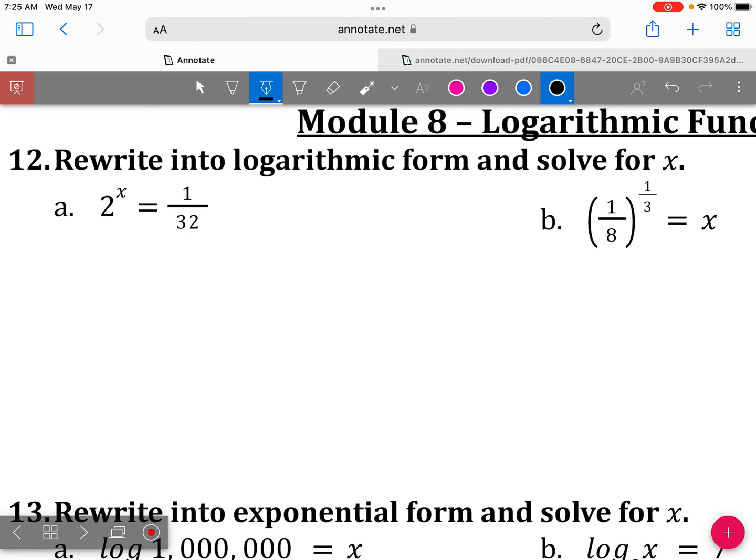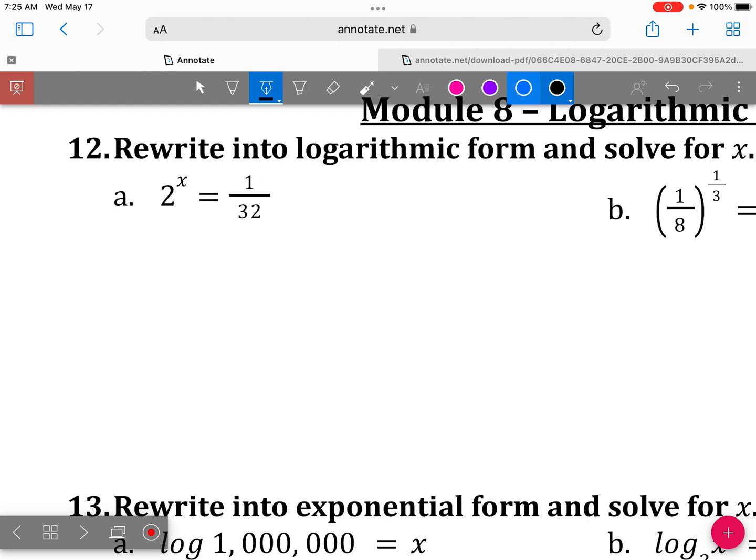So we are asked to put this into log form. So we have our base, our power, and our argument. When we put this in log form, this becomes log base 2 of our argument, 1/32, equals x.